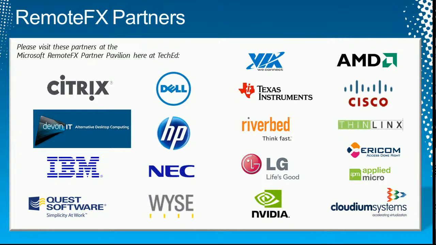And partners like Riverbed, Cisco extend to offer WAN support so that you can have a rich experience over the WAN. And then also, there's the thin client partners, Wise, ThinLinks, Cloudium, HP, that also support RemoteFX. And there's a series of ASIC providers for the decode chips like TI.